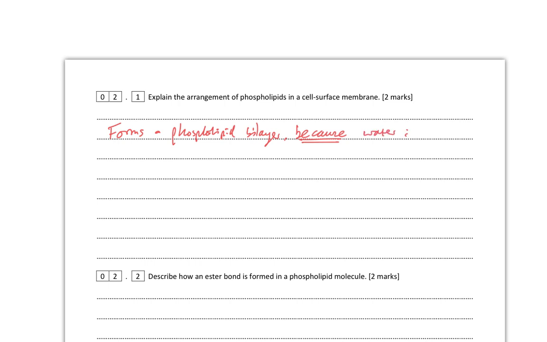So water is found inside and outside the cell. And the phospholipid fatty acid tails are hydrophobic.